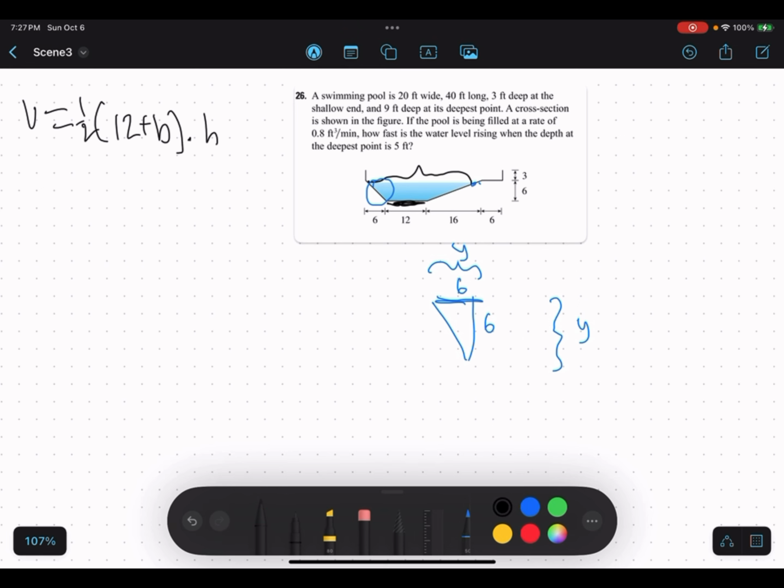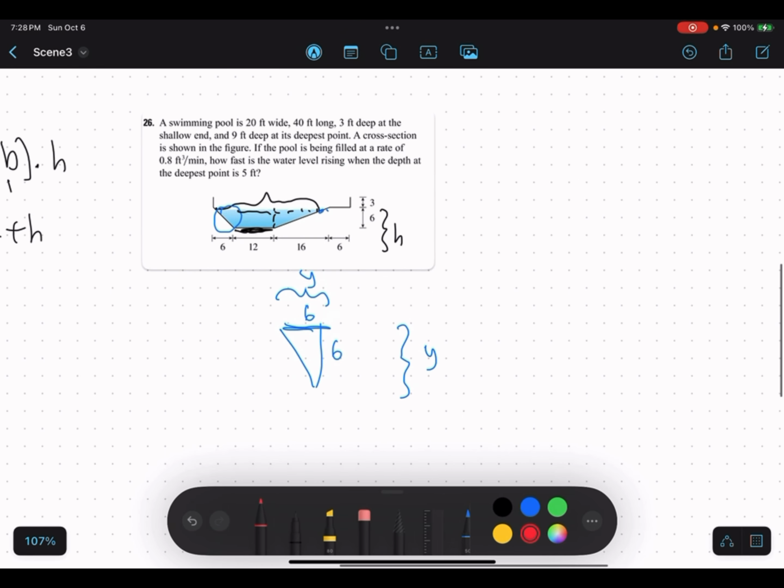So let's write an equation in terms of this space here. We know it's always going to be 12, and we know it's going to be whatever that is, the height, right? Assuming this part is h. Okay, now let's analyze this section over here. We'll make it in red.